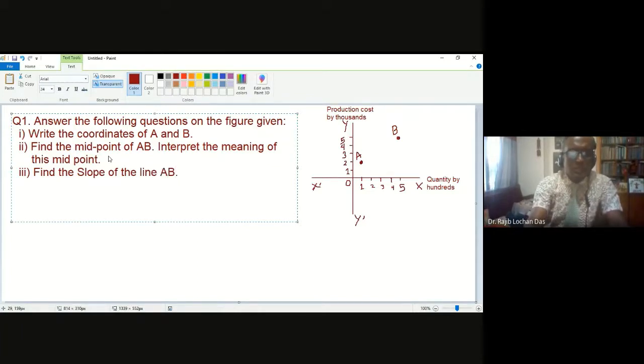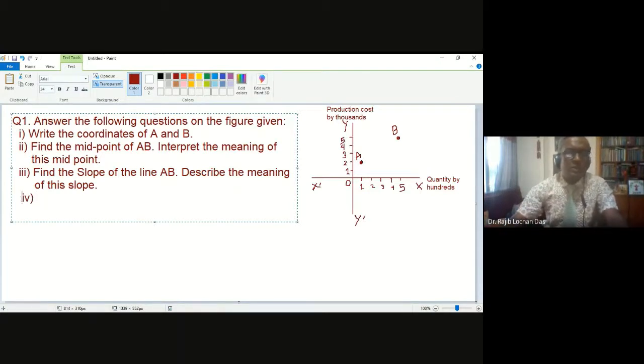And describe the meaning of this slope. So you will also write the meaning of this slope. What do you understand by this, or what is the meaning of this slope? So this is question number 3.